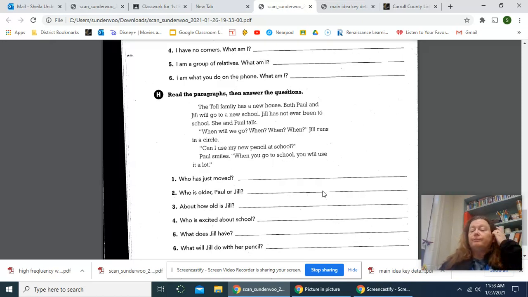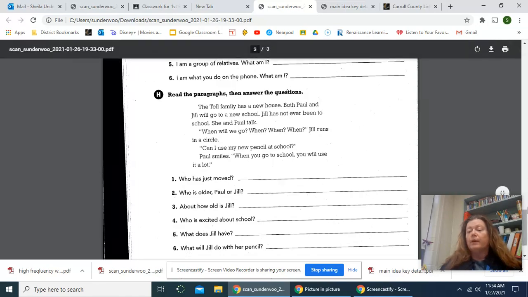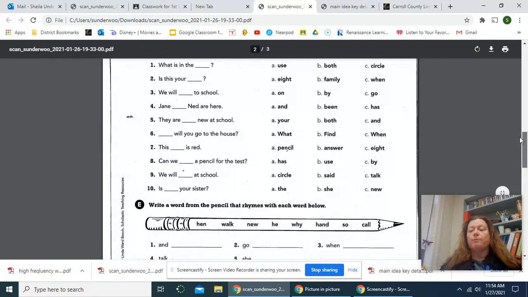And then, so these have to be in complete sentences. This section's probably going to be worth 20 points by itself because this is your sentences. All right? Okay.